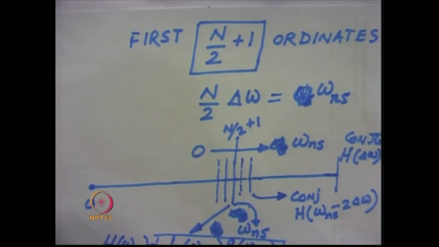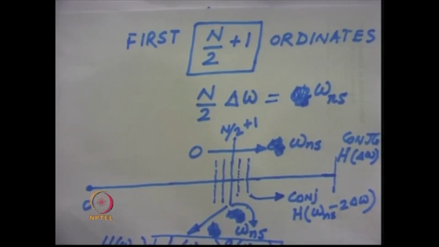So, here the period is taken to be equal to the entire duration of the excitation plus delta t. After that the repetition takes place. So, in other words, if t is the duration of excitation, then t plus delta t becomes the period, and that also happens to be equal to N into delta t.